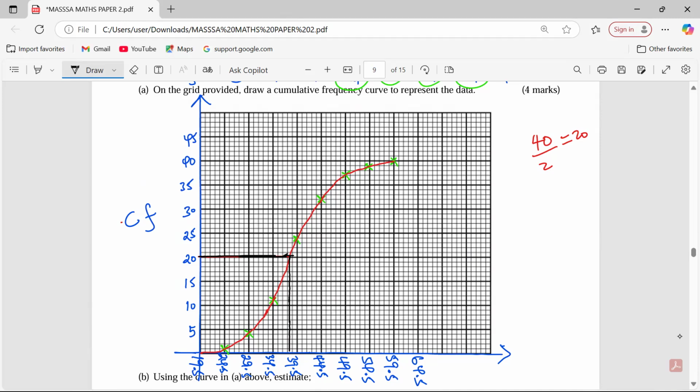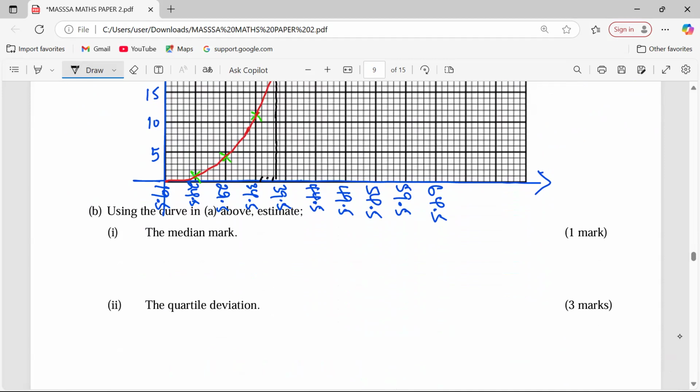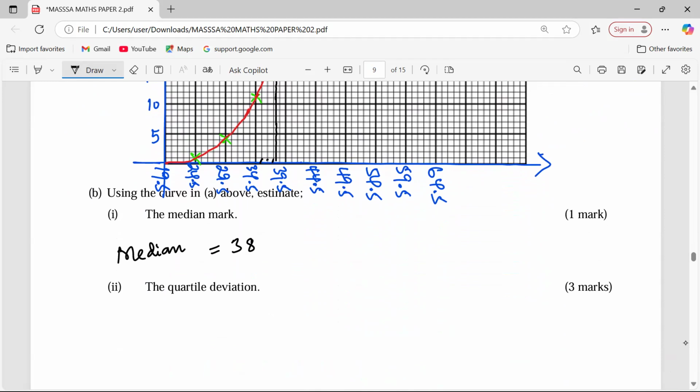So we can say this is 34.5, then 35.5, 36, 37. Then we are not adding a full mark now. We are adding a half, 37.5, because you can see the line is through the middle of a small square. So that will be exactly at 38. So the median equals 38. Very simple.